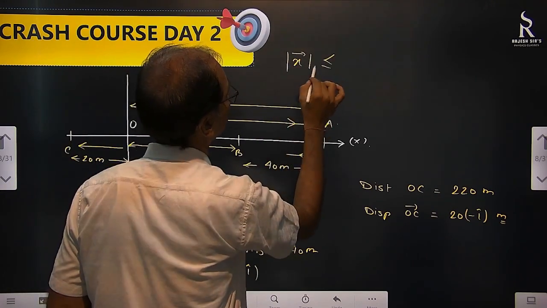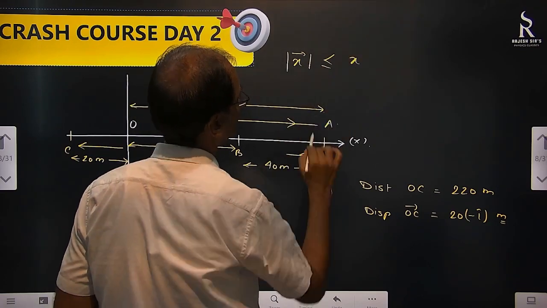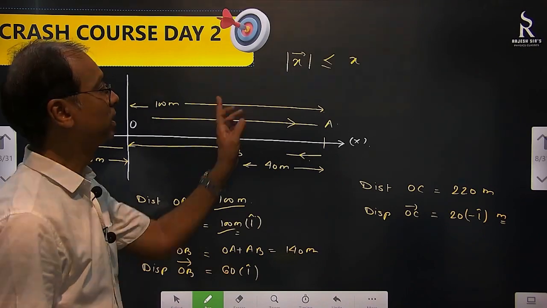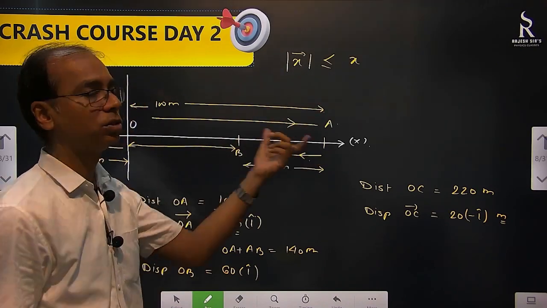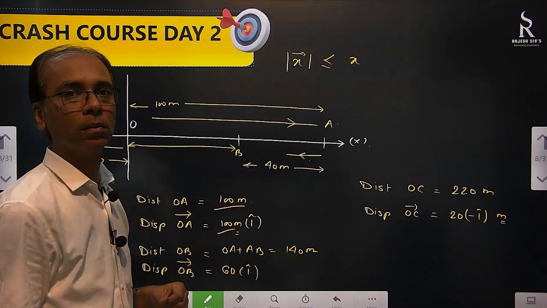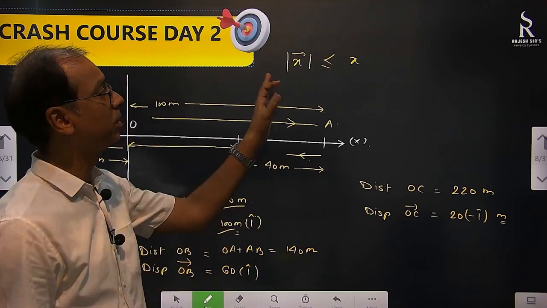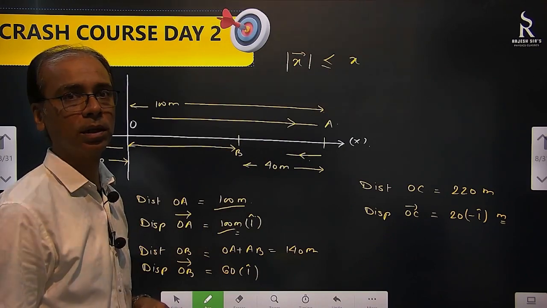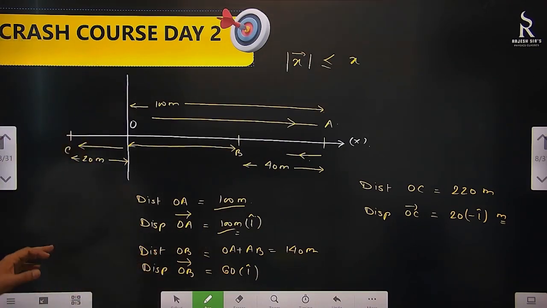Displacement is always less than or equal to distance. When equal? When direction is not changing. When direction changes, its magnitude is always less. This is displacement. Understood that? Okay, let's move ahead.